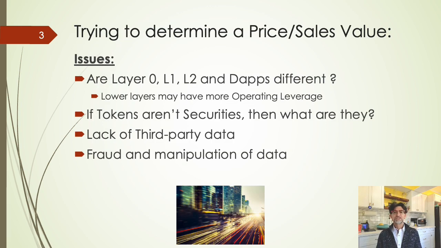So, trying to determine a price to sales ratio or value, what are the key issues? Well, first of all, you need to consider: are layers 0, 1, 2, and dApps different from each other? I don't know. My feeling is that, at least for now, the lower numbered layers, layer 0 and layer 1, are like the operating system of Web3, of the internet.